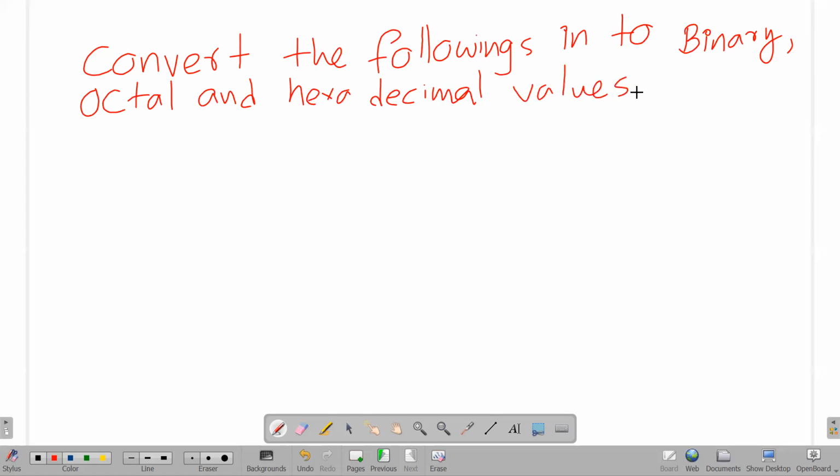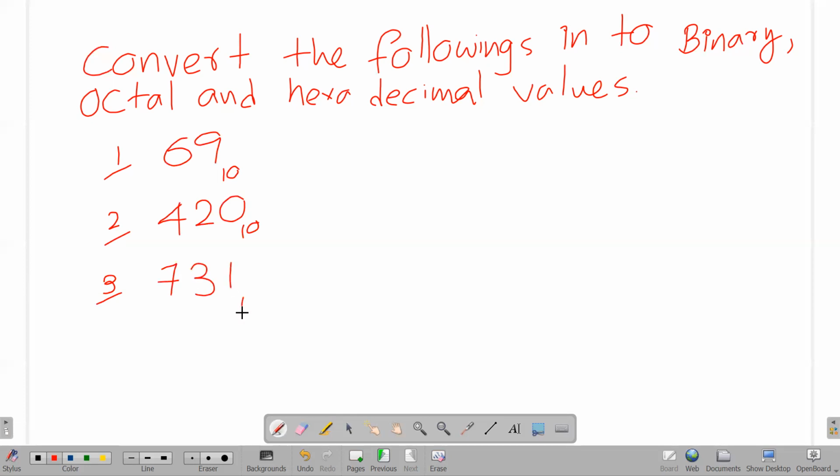So here comes the question. What you need to convert is 69, which is a decimal, as the second one 420 decimal, and 731 decimal.